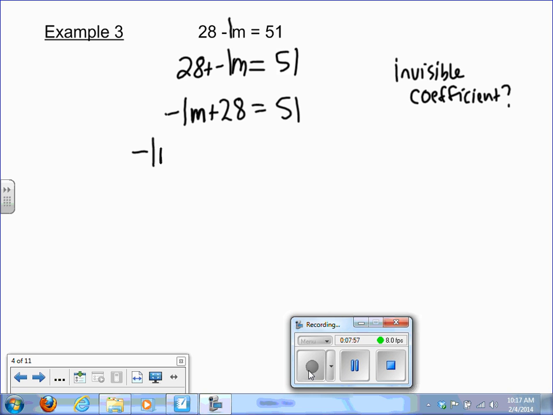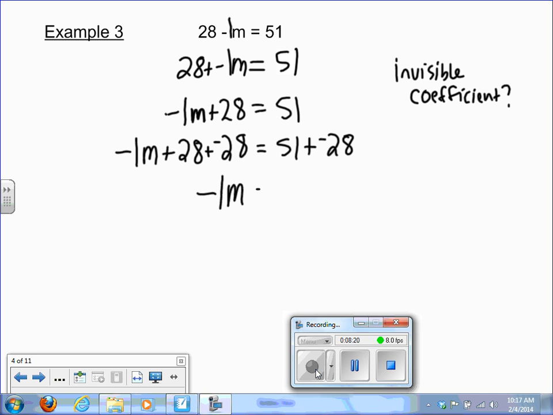Good. So tell me what I should write. So you should write negative 1m plus 28 plus negative 28 equals 51 plus negative 28. Good. What are we left with? Negative 1m equals positive 23.